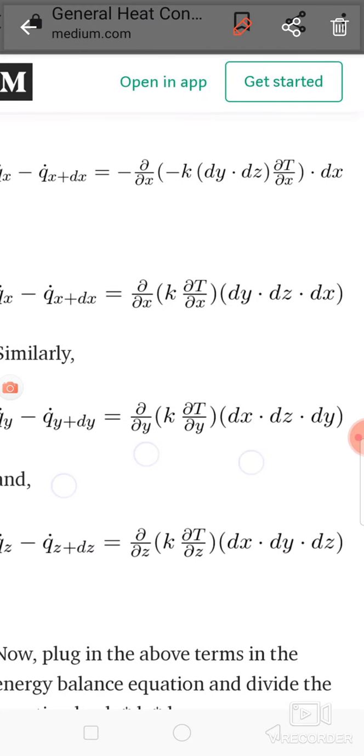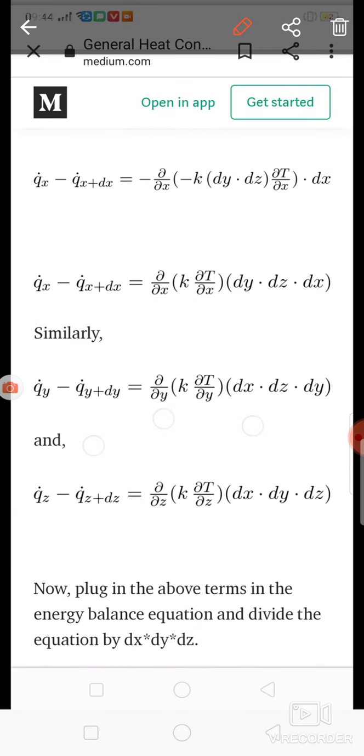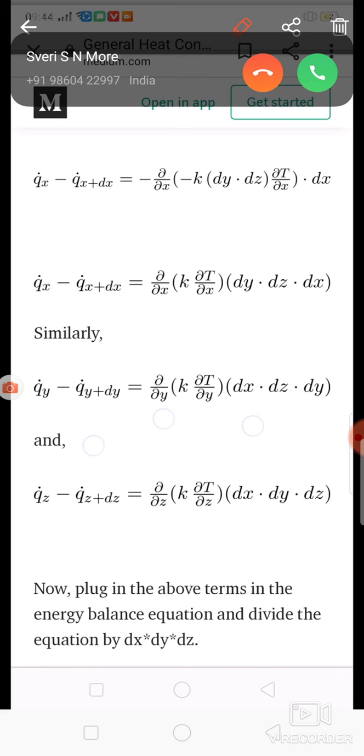Similarly we write the equation for the y direction, and for the z direction. So what is the equation for the z direction? That is q̇_z minus q̇_z+dz is equal to ∂/∂z of bracket k into ∂T/∂z into dx into dy into dz.